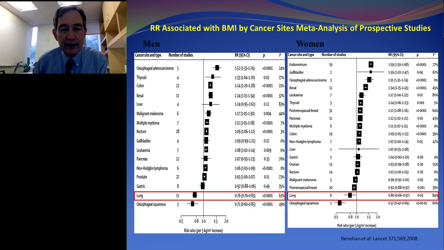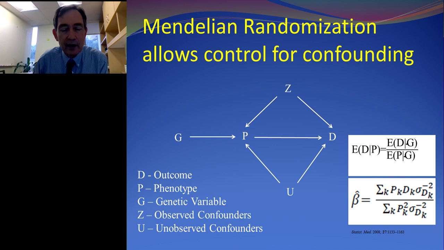If you try to do a prospective study, so you collect BMI several years before the cancer becomes apparent, there's less of an effect, but still lower BMI is somewhat of a risk factor. So there is a technique called Mendelian Randomization, and the idea here is that you use the genetic factors to exclude the effects that may occur due to confounding.